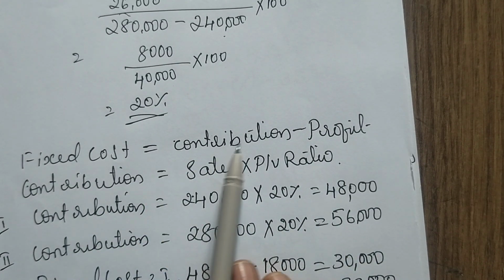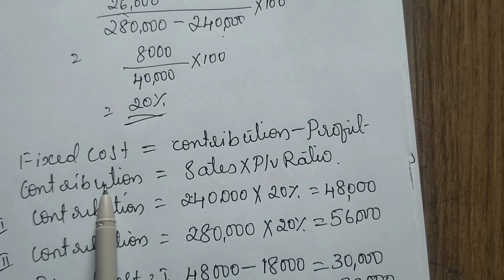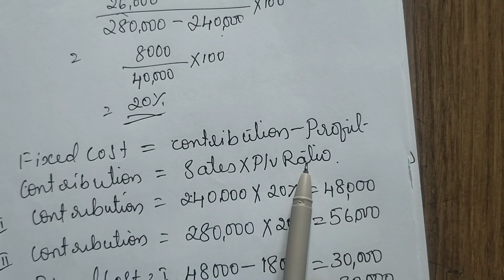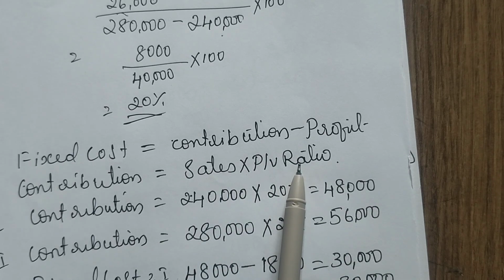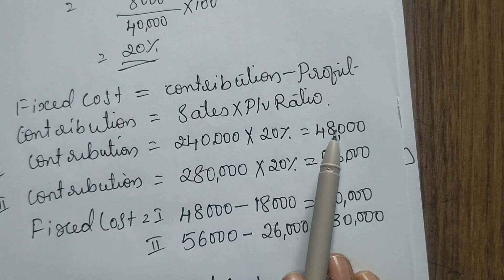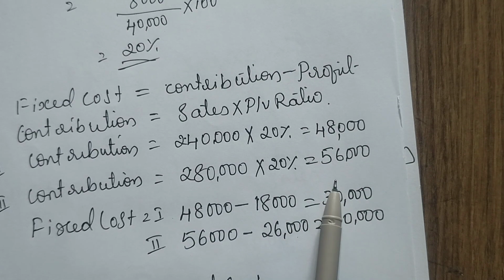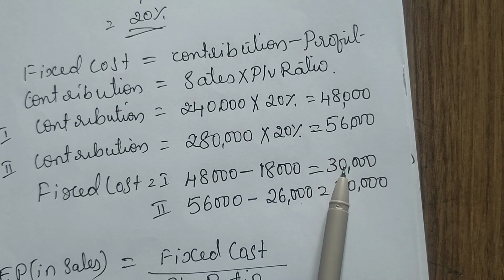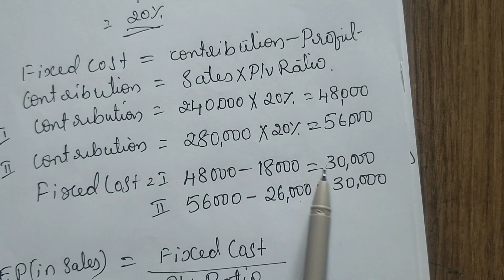Because contribution we don't know, we know profit, we need to find out contribution first. Contribution is sales into PV ratio. Sales and PV ratio are given. For each year we calculated separately: it is 48,000 and 56,000. Then fixed cost is contribution minus profit. Both the years fixed cost will come the same.